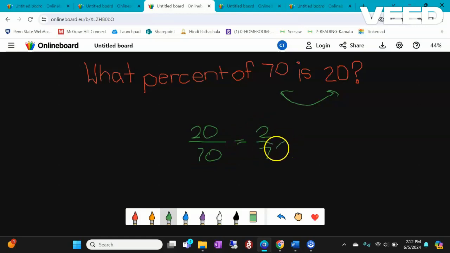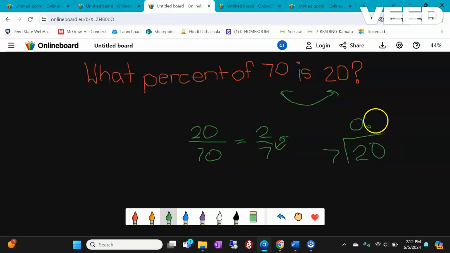And now we switch these two numbers and we divide. 7 divided by 2. So in this case, we cannot divide 7 into 2. So we put a 0, add the decimal, put a 0 here.